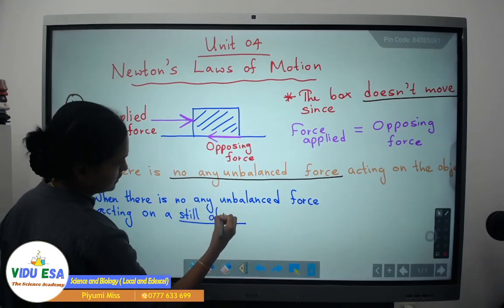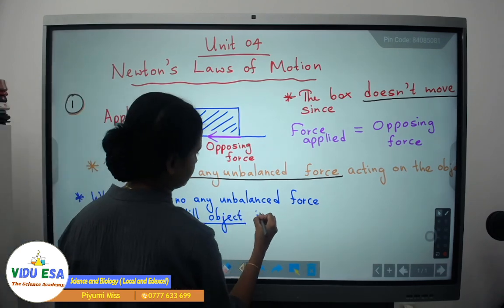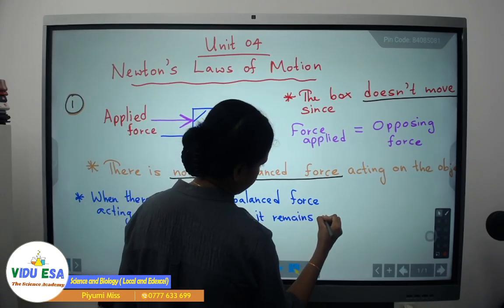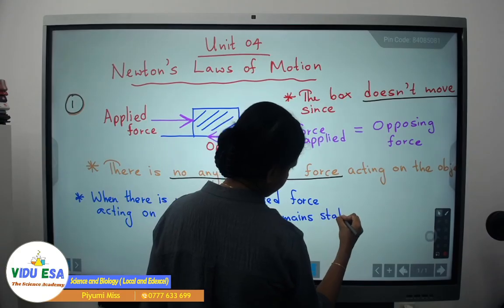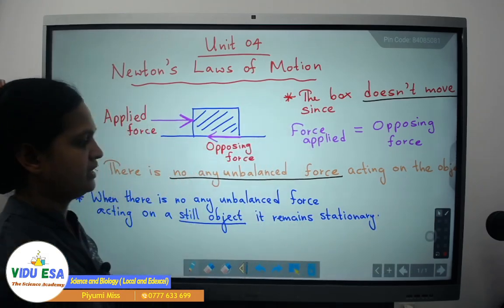Still object. Still means not moving. It remains stationary.